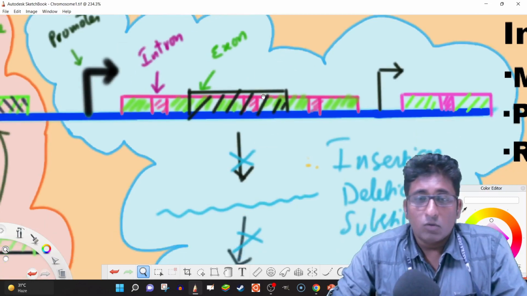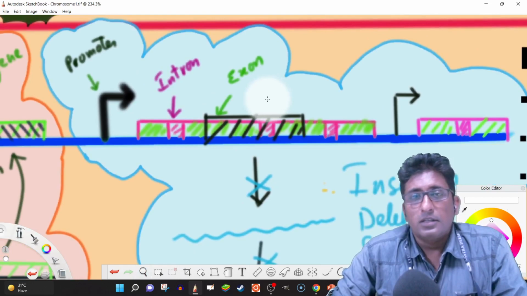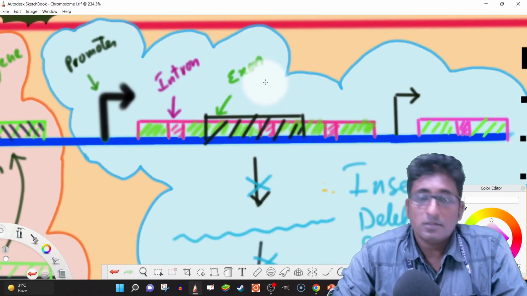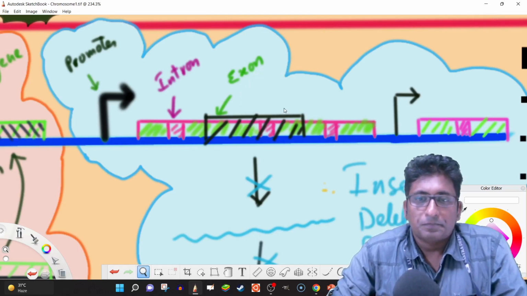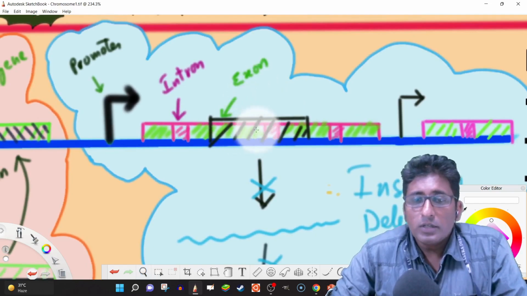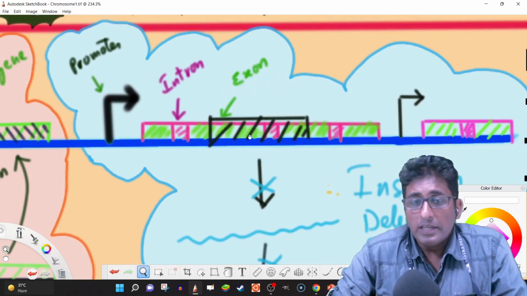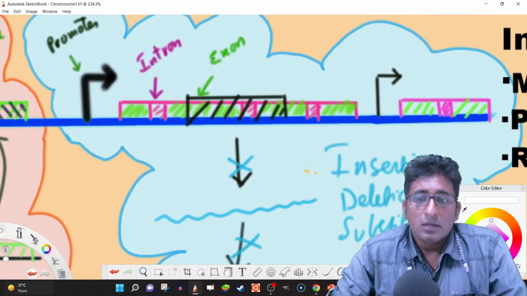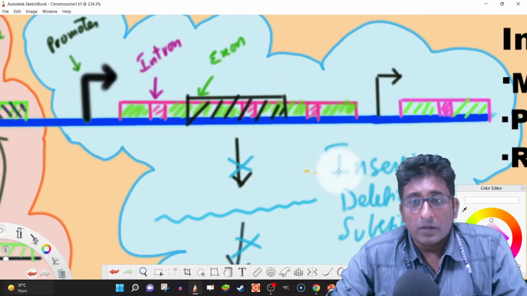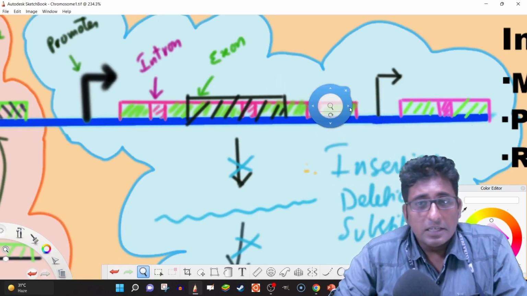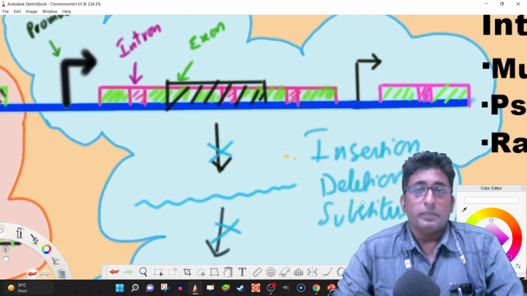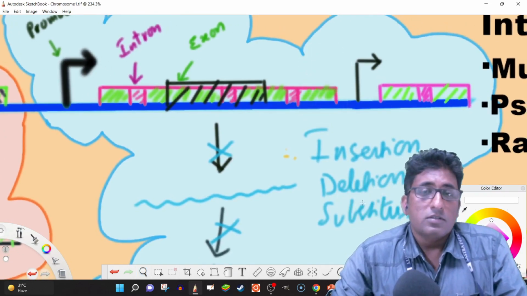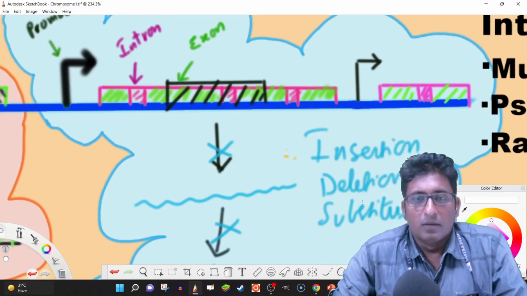Most diseases have a genetic underpinning, and they may be because of mutations. At least cancers, all of them are because of mutations. Change in sequence can happen because of insertion of DNA, or deletion of some parts of it, or substitutions, inversions, duplications, etc.